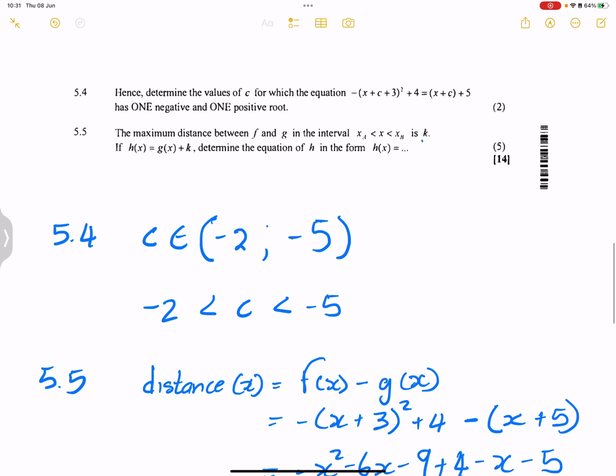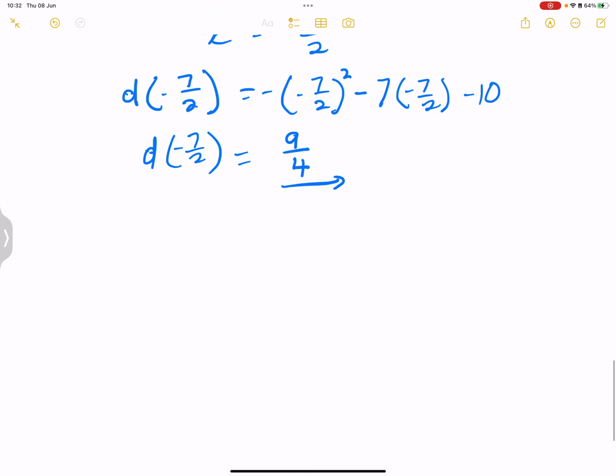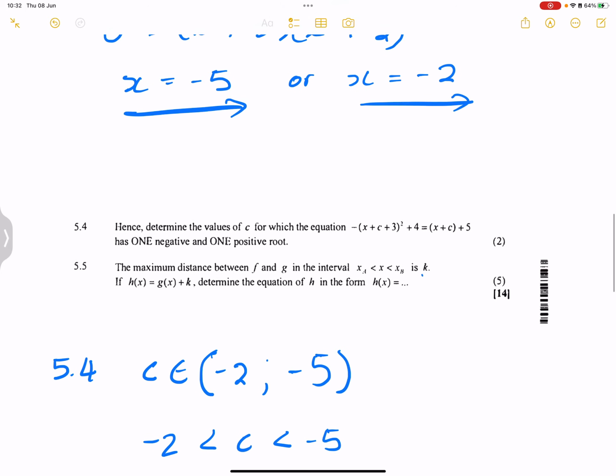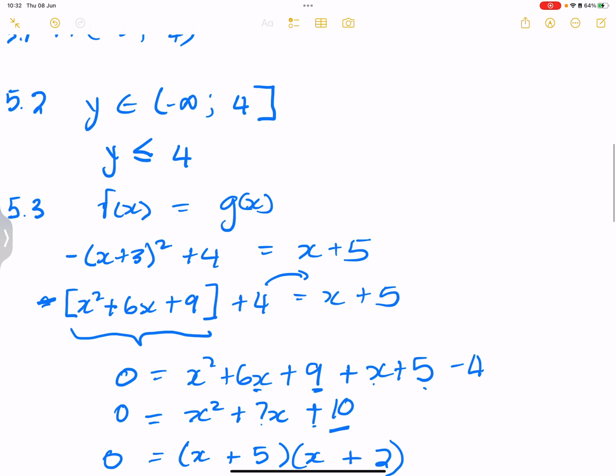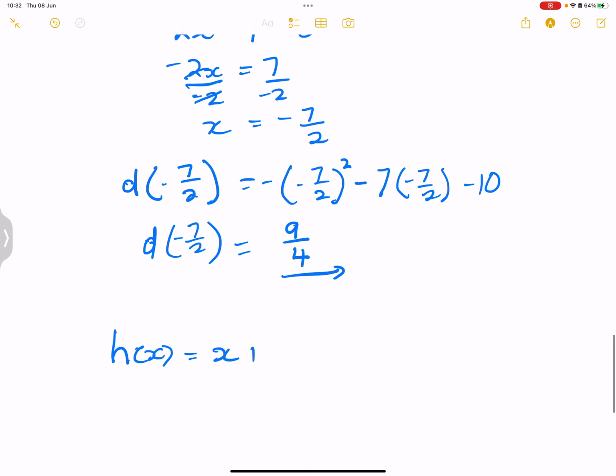Now remember, they said to us we need to write h of x, which is equal to g of x plus k. So h of x is equal to, now remember, g is the straight line function, which is x plus 5. Okay, so that's x plus 5, which is our straight line, plus the k value, so that's plus 9 over 4.